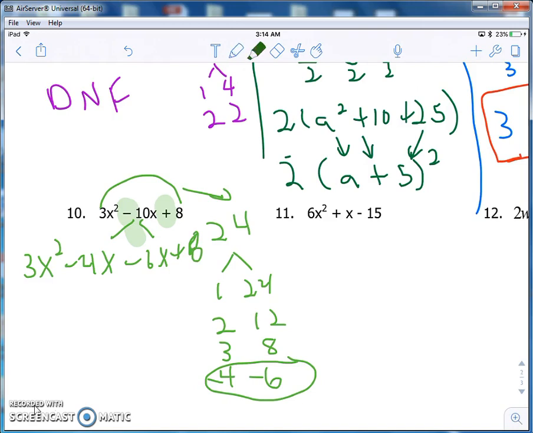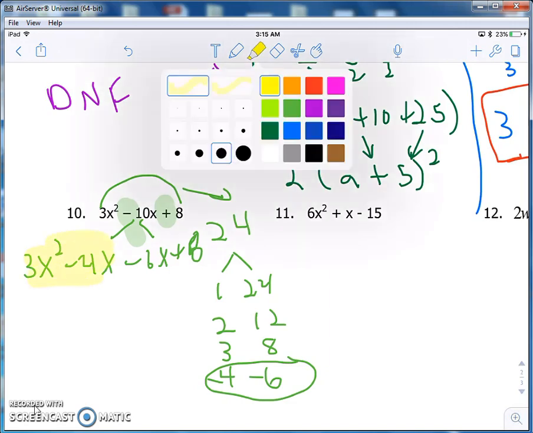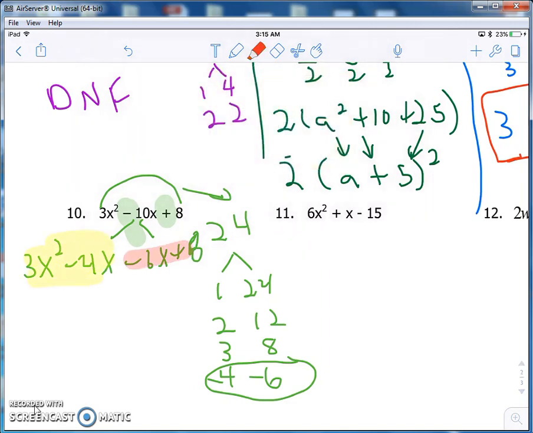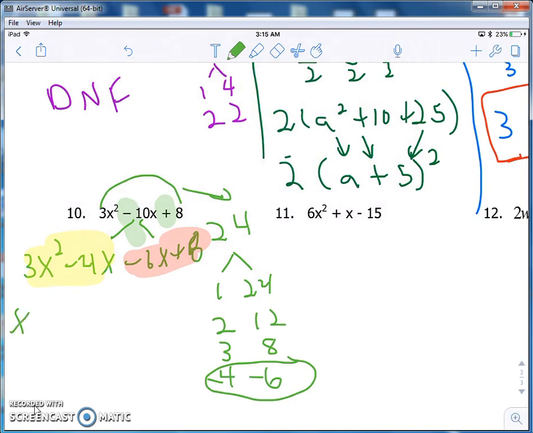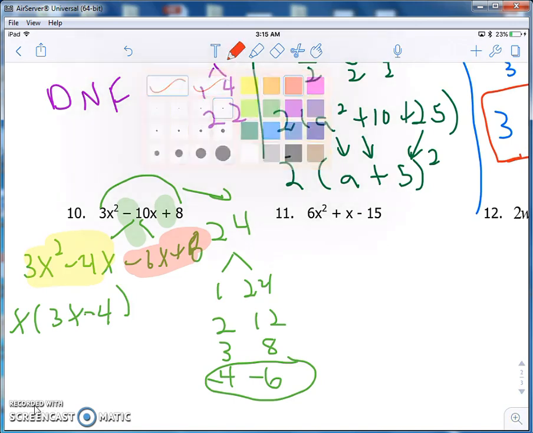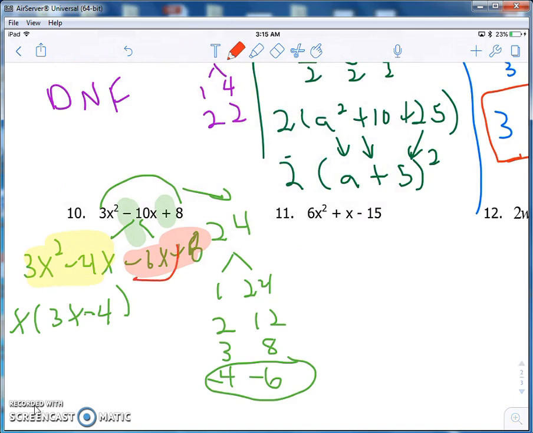So we're going to do two groups of 2. The first group is 3x squared minus 4x. The second group is negative 6x plus 8. When we take out of the first group, I'm going to take out an x. And I want a positive 3x and a minus 4. So to get that to be positive, to make that positive 6x, negative 6x a positive 3, I need to factor out a negative 2.